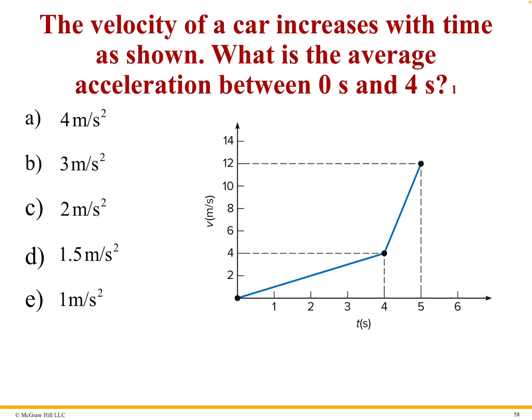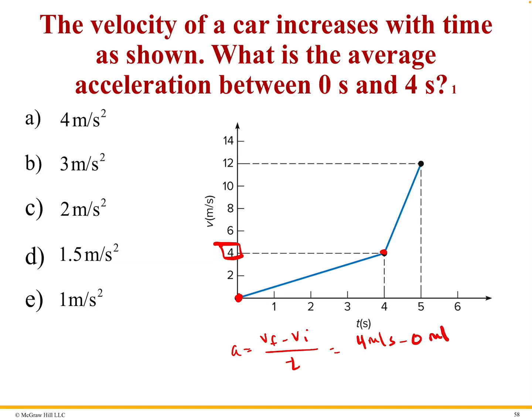Okay, so how could I find that? Well, acceleration is final velocity minus initial velocity over time. What was our final velocity from this point to this point? Velocity is over here on the y-axis, right? So it's 4 meters per second.